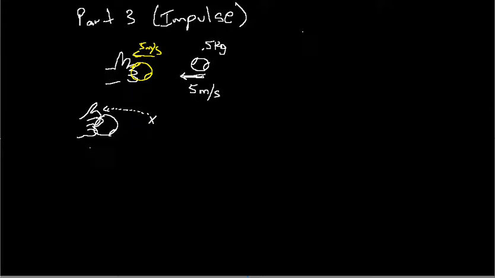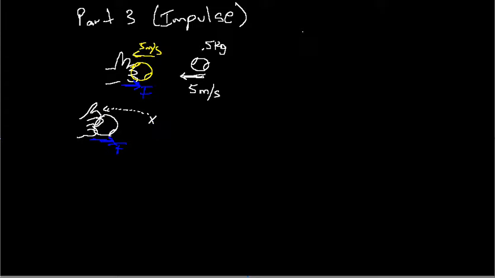In this way, in both cases, your hand's going to exert a force on the ball. So let's say here your hand exerts a force F on the ball. You're going to do that because you're going to change the ball's momentum. Here, you're going to apply the same force F on the ball, but you're going to do it for a longer time.